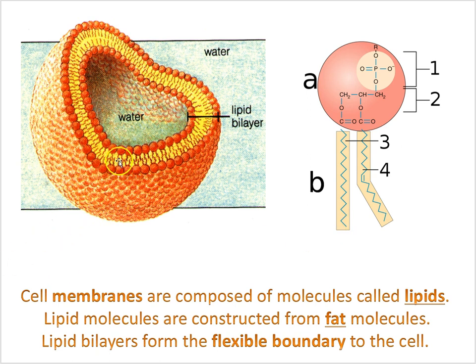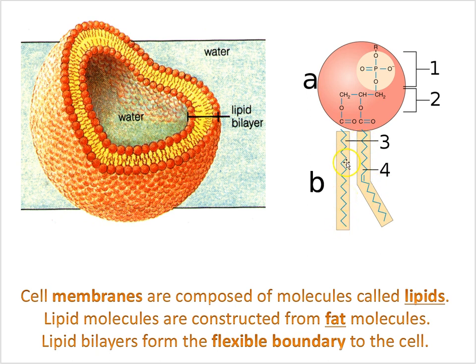So lipids form the boundary, the membrane boundary of the cell. And they are made of these atoms, carbon and hydrogen and oxygen, in this particular structure. The reason why the head and the tail distinction is important is that in later biology courses you'll learn that the tails, these fat tails, do not like water.